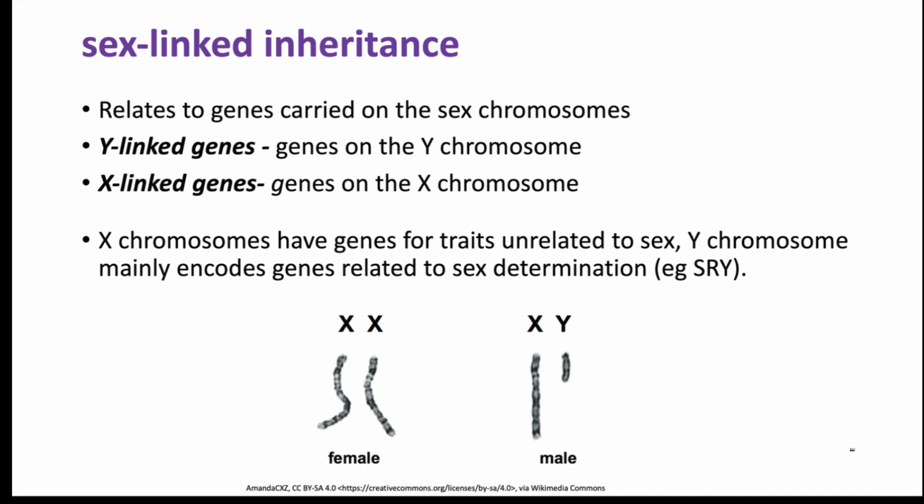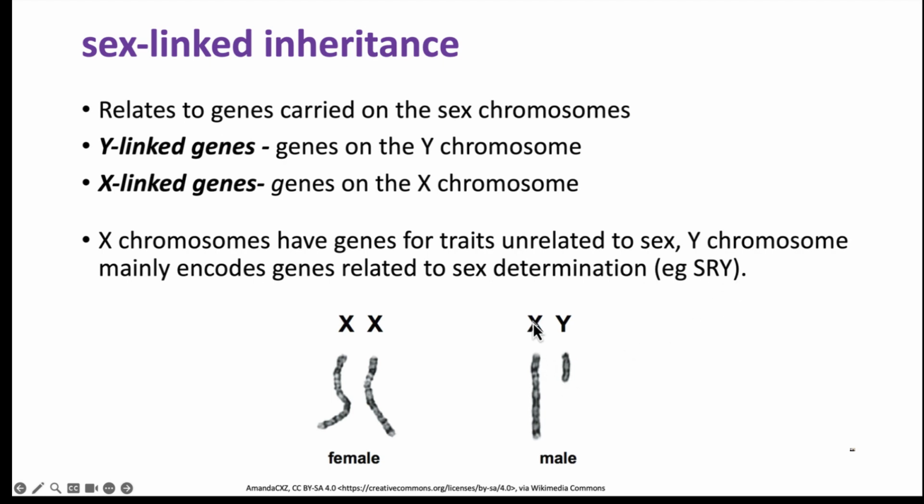As you can see here, the X chromosome is much larger than the Y chromosome. So there are many more genes on the X chromosome, and the Y chromosome is really primarily related to sex determination. Remember, we talked about the SRY, sex-determining region Y, and that's on the Y chromosome.